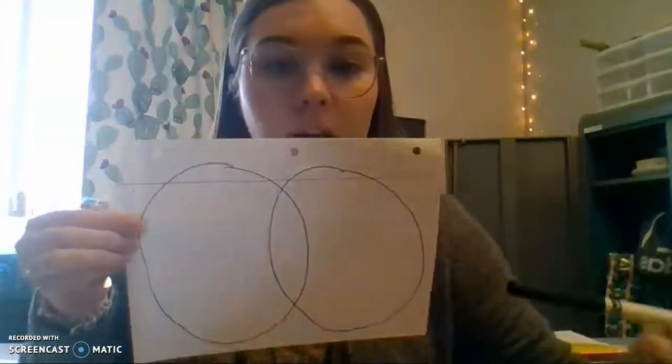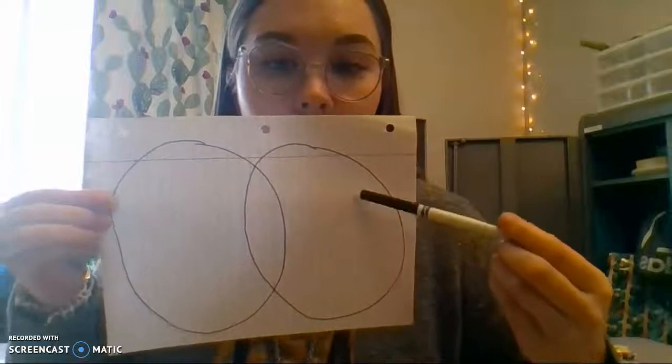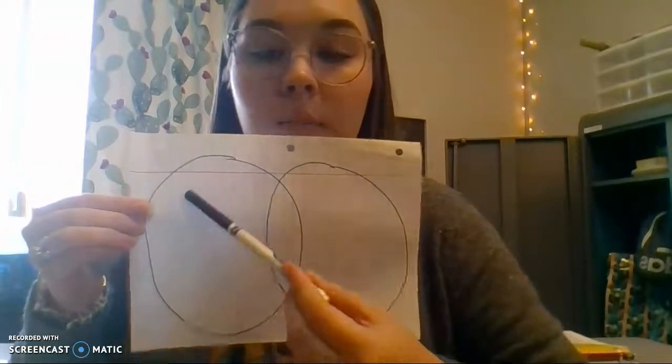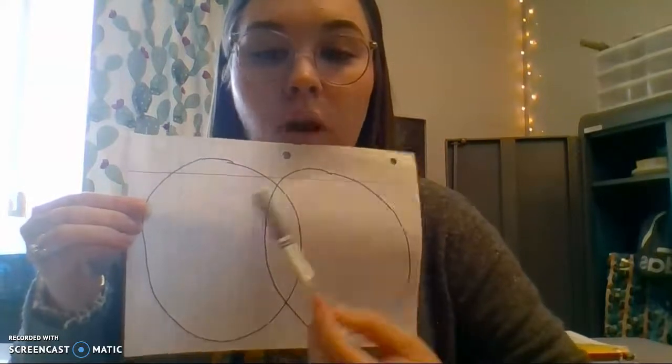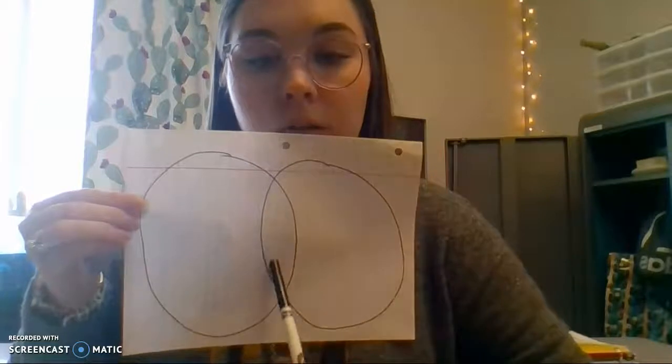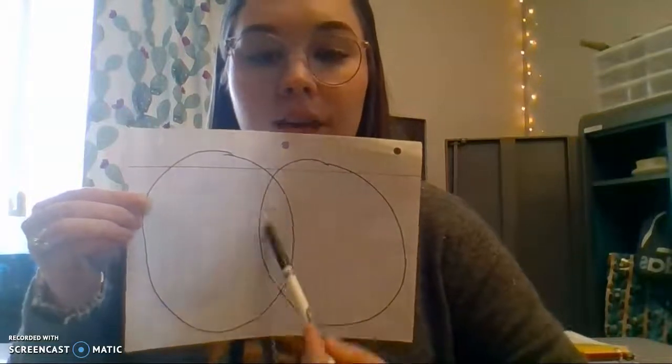So in a Venn diagram, on the outside, you put things about these two topics that are different. And in the middle is where you put things that are the same. So you're going to pick your two favorite regions.